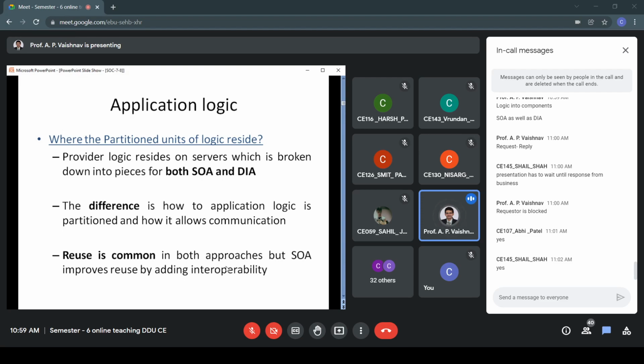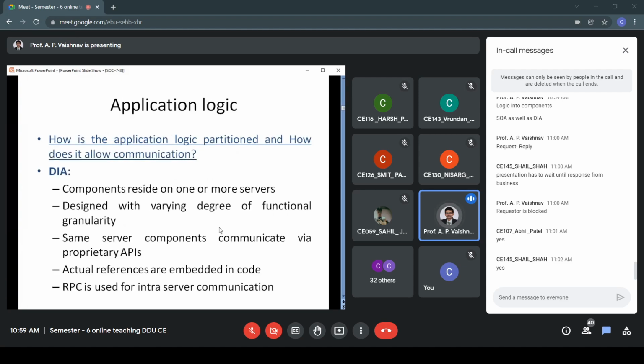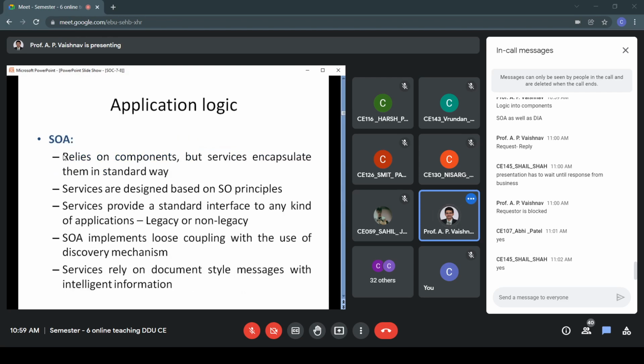Okay, so let us go for the next slide where we have how the application logic is divided and how it allows communication. I'll go point by point now. So let us start with DIA. In case of DIA, components are residing on one or more servers, right? Same way, we can say for SOA, SOA relies on components. They are also stored on different servers.